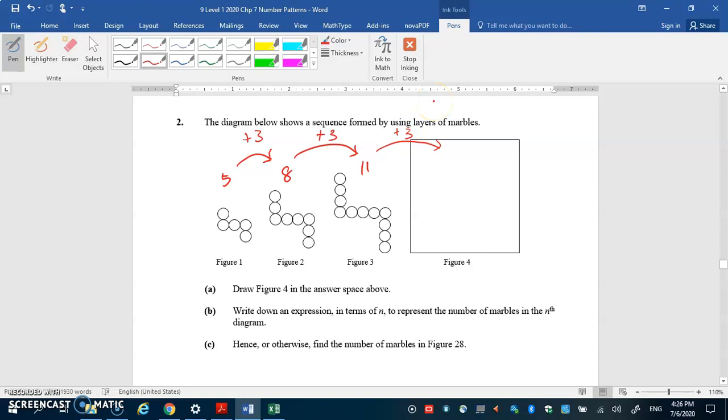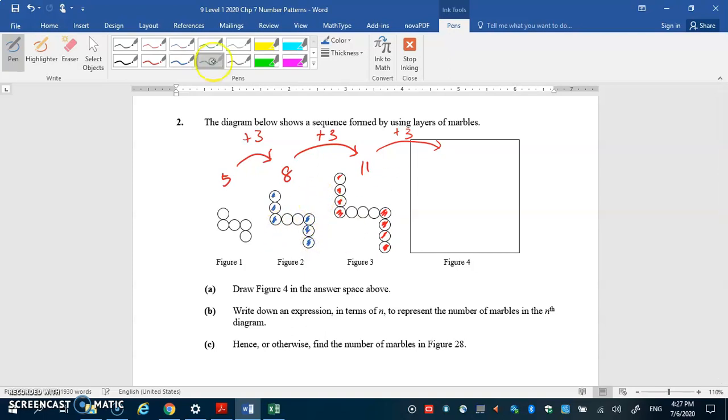Okay, how do I know how many marbles do I have on top, horizontally and vertically, right? You see for figure 3, there are 3 here, or rather 4 here, and 4 here, and then 3 in the middle. Then figure 2 has like 3 here, 3 here vertically, and then 2 in the middle, right?